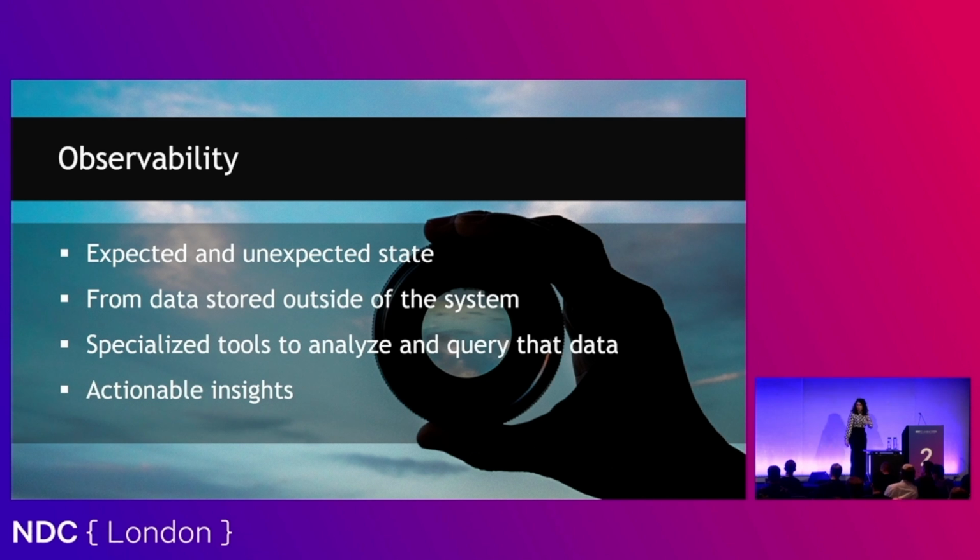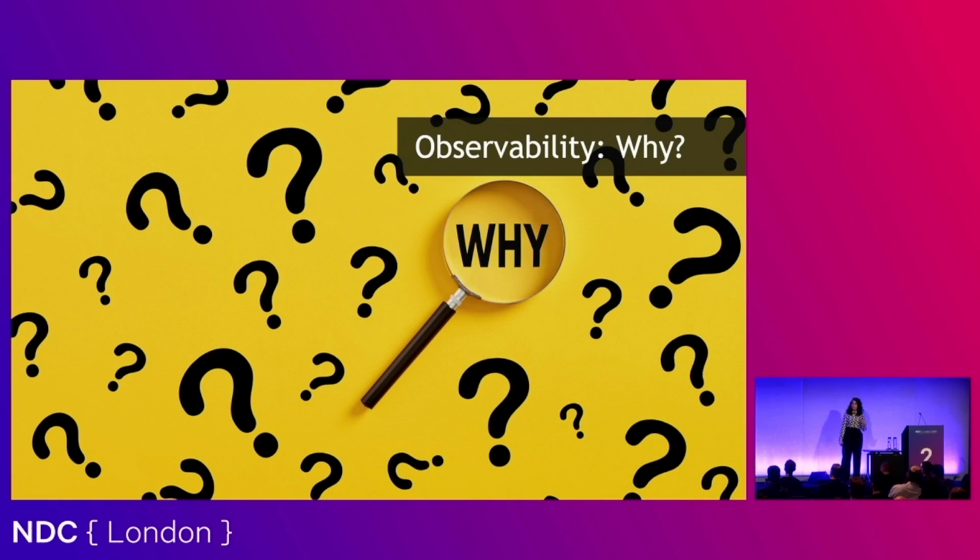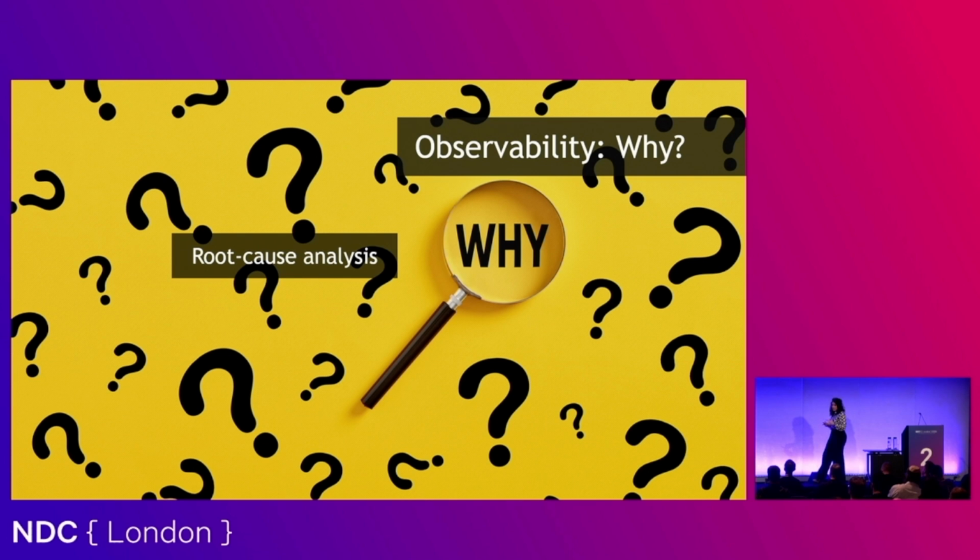Okay? Cool. Now, the question is, why would you want this in your system? And there are actually multiple reasons why you would want to make your system more observable. The first one is actually the reason that I got so interested in observability. Because like I said, I work for a company called Particular Software. We build a service bus, which is a framework that makes it easier for you to build message-driven, event-driven type of systems. But before I joined the company, I spent years building these systems out there in the field.